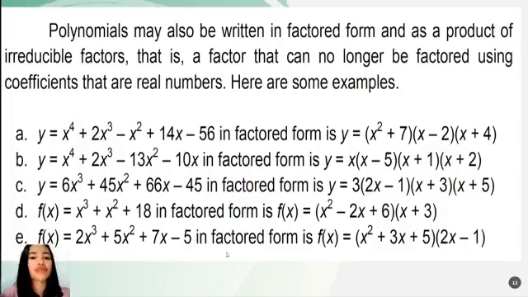In factored form, we get f of x equals 3x plus 5 times 2x minus 1, rather.